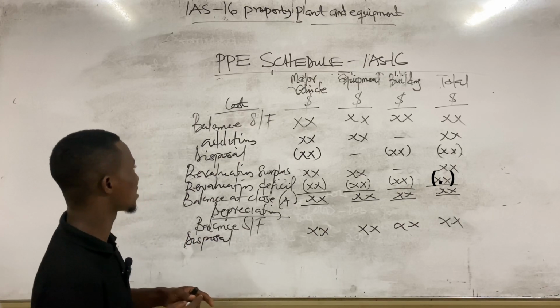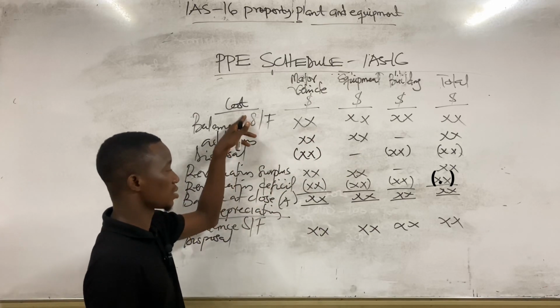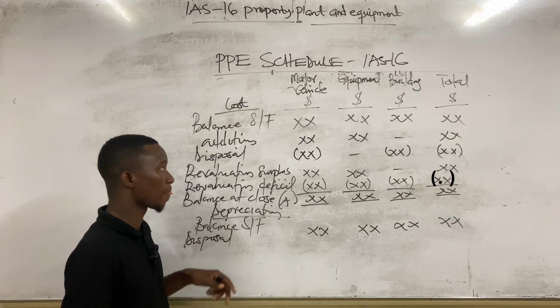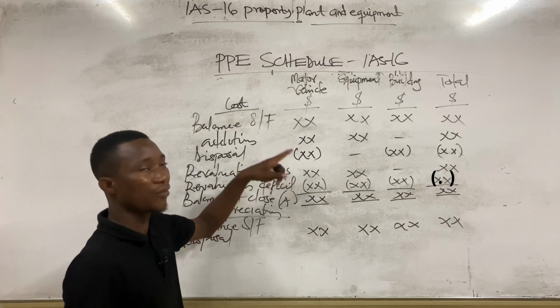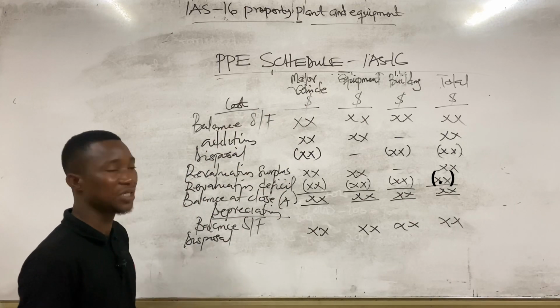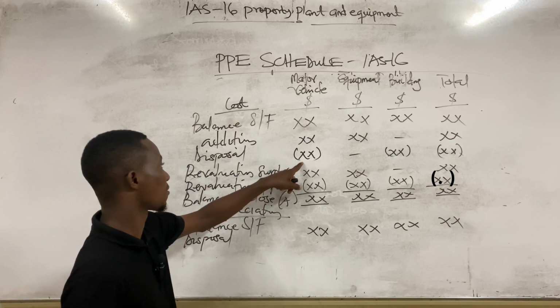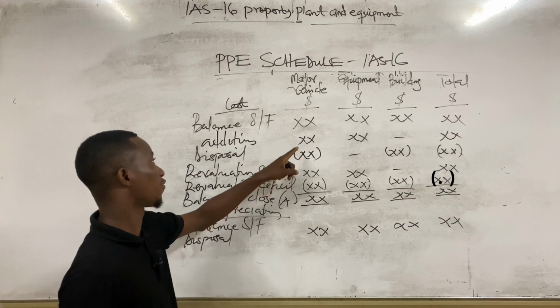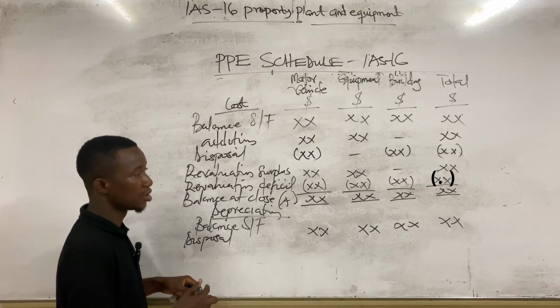You see, this asset that we've disposed of here, we recorded the cost under cost. But when we come to under depreciation, the depreciation charge or the accumulated depreciation on the asset we dispose, we also record it here as part of the depreciation. So as we are subtracting the cost of the assets that we dispose of from the cost, we also subtract its accumulated depreciation.